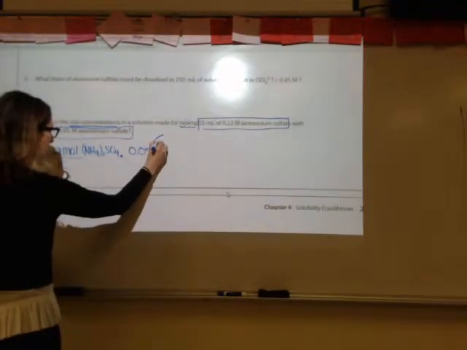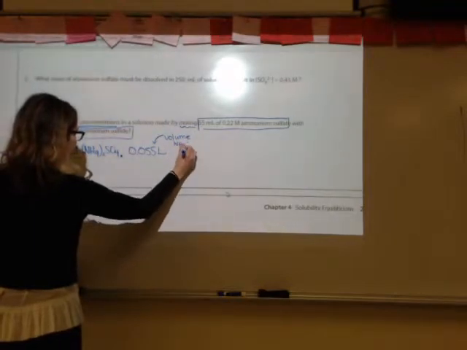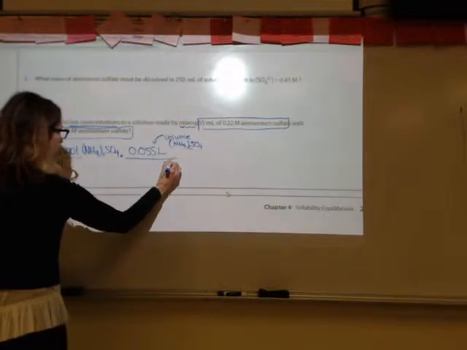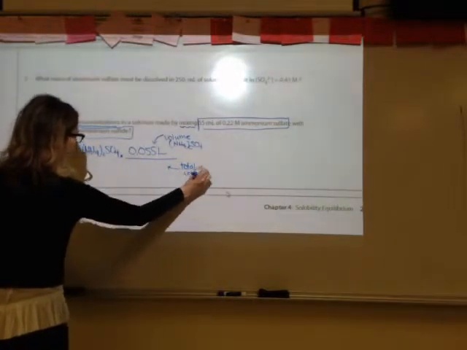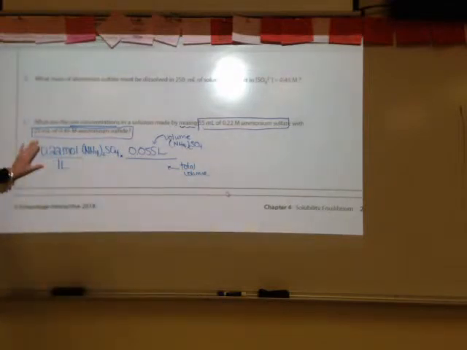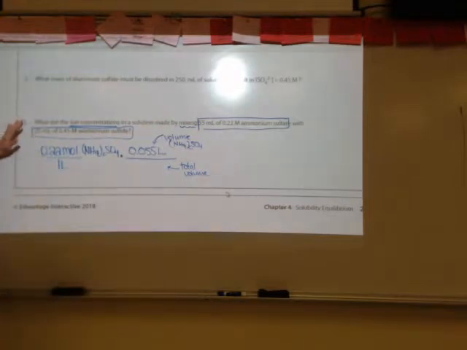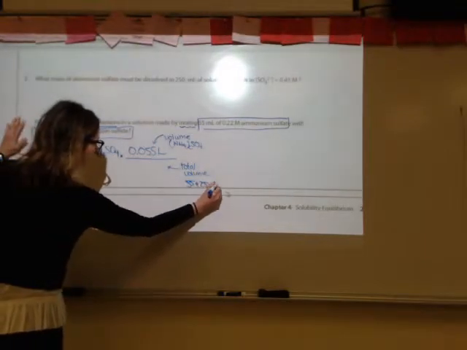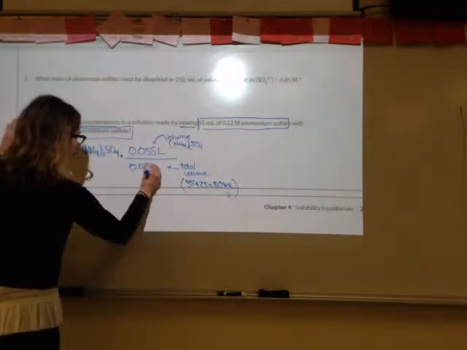So this number here is the volume of the ammonium sulfate. I'm going to put that over the total volume of the solution, which is 55 plus 25, which is 80 milliliters, or 0.080 liters.